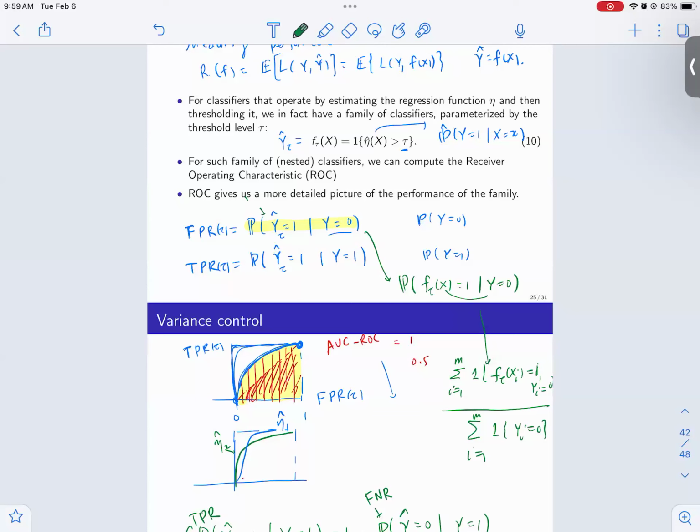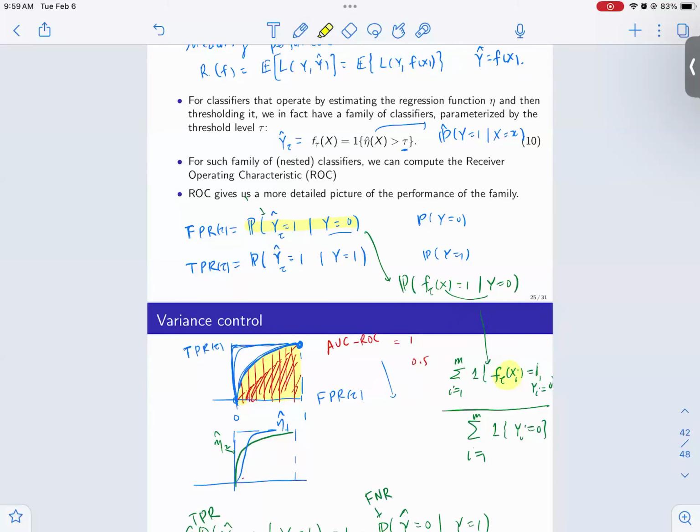If you think about it, because of the discrete nature of this, you don't need to compute all the taus, because in the end, you're going to have only this many values of eta hat. You have m test points and eta hat takes this many values. So for tau in between those values, things wouldn't change.